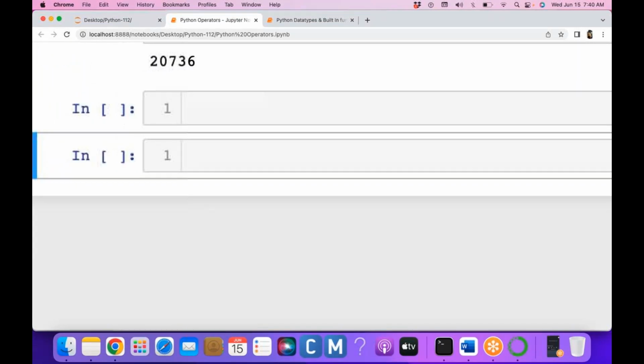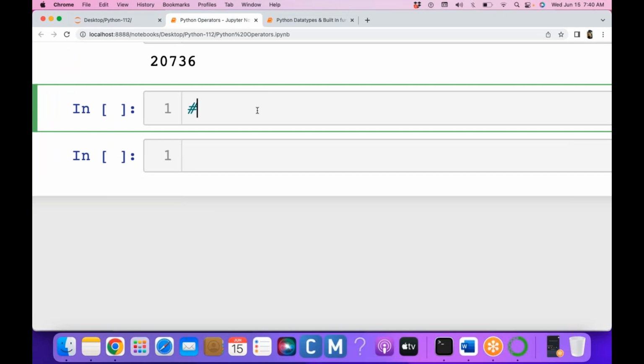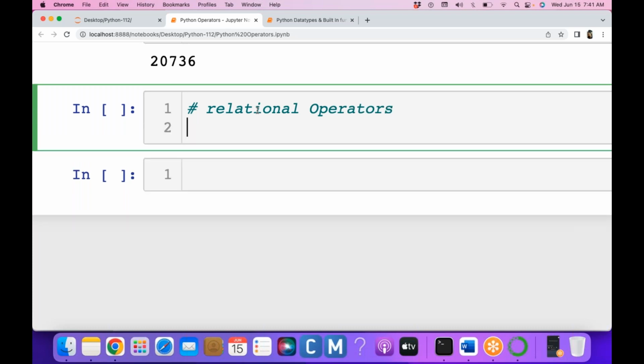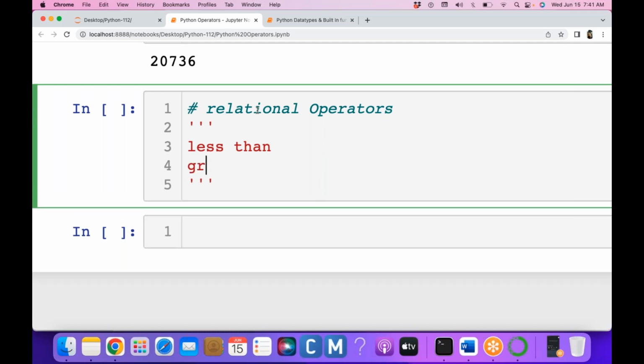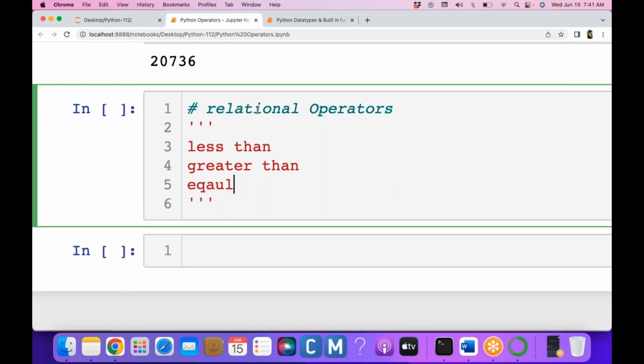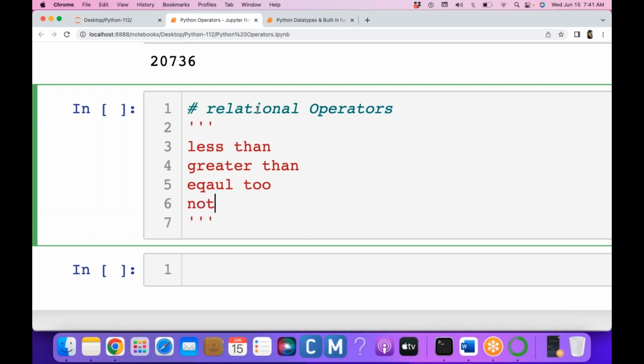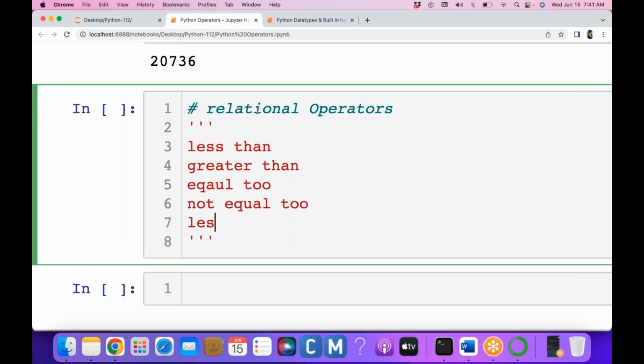Now, we have some kind of relational operators. When we have the relational operators, we have less than, greater than. When you are comparing two objects, if you want to compare the two objects, greater than, equal to, not equal to, less than or equal to.